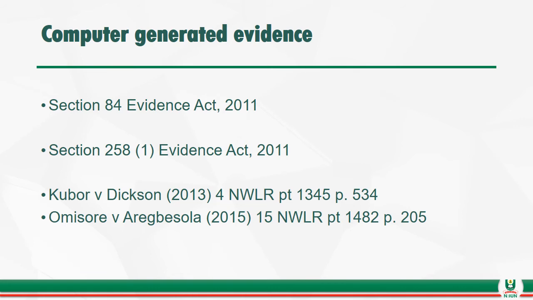The whole purpose of the conditions provided by the Act is to ensure the integrity of evidence that is generated by a computer, to ensure that that computer was functioning very well at the time the particular evidence was derived from it, and to ensure that the information that was fed into the computer, or derived from that computer, is the information that is usually fed into that computer in the ordinary course of business, to ensure that there is no manipulation.